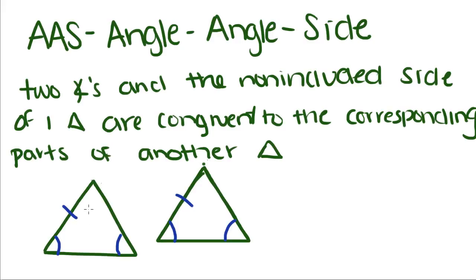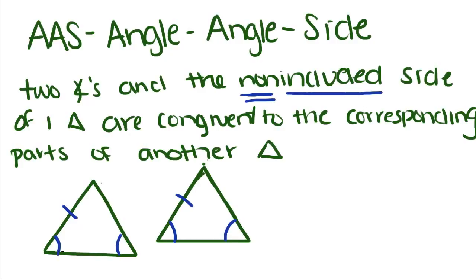So, angle, angle, side is the fourth one we're going to learn. So we know that two angles and the non-included side of one triangle are congruent to the corresponding parts of another triangle.